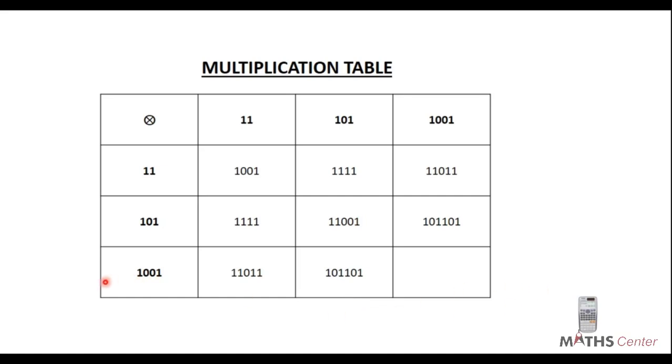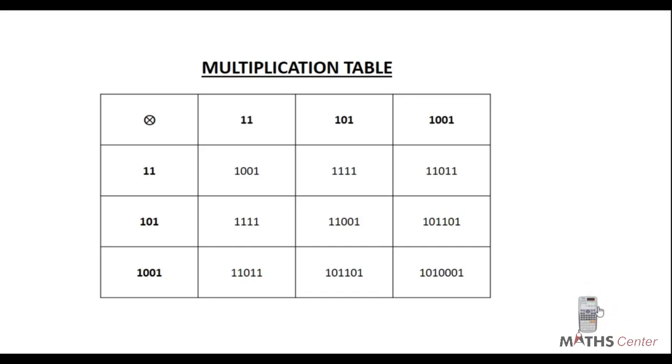Then lastly, 1001 times 1001 will give 101001. Once again, in previous videos, we've studied how to multiply numbers in non-decimal basis. So you can watch that video and you will see how to multiply 11 by 11, how to multiply 11 by 1001. After you've done that, you can cross-check your answer with what we have on the calculator here.